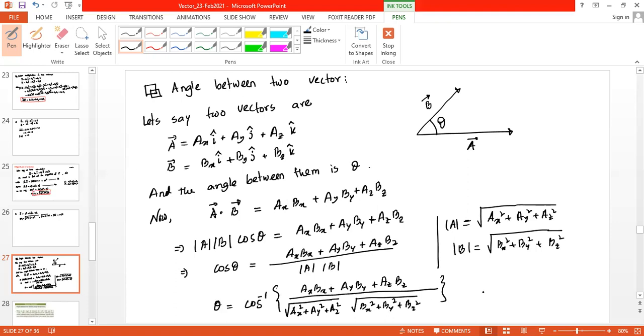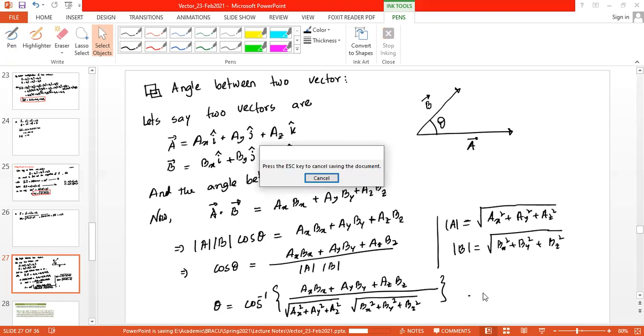Okay, so this is how we can find the angle between two vectors.